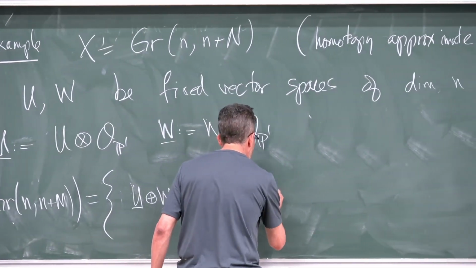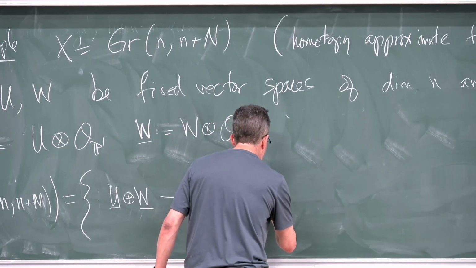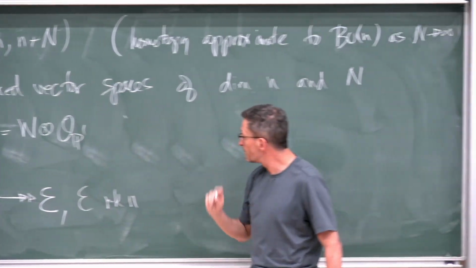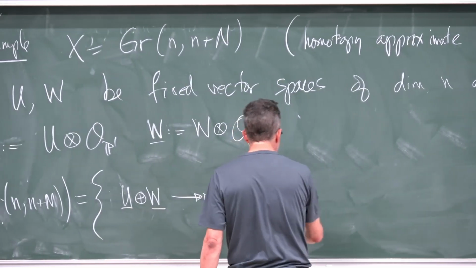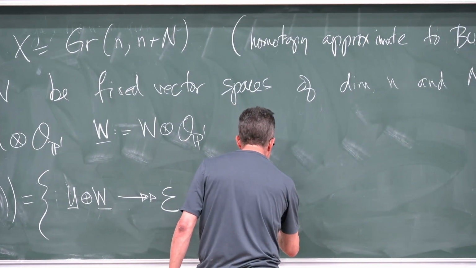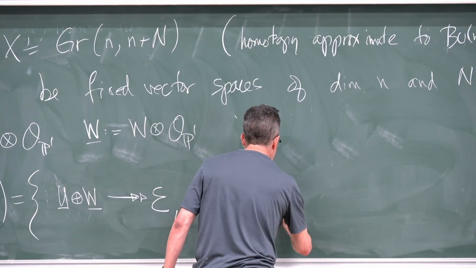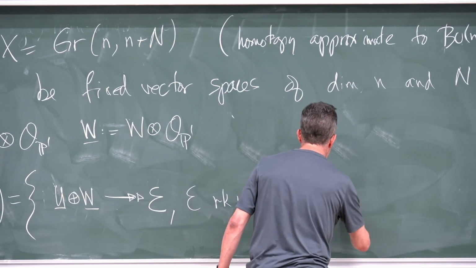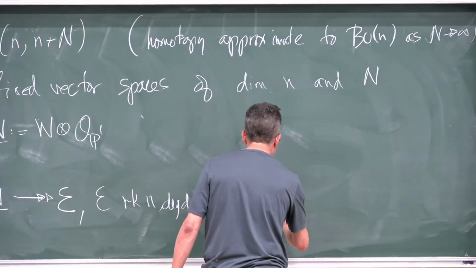So E is a rank n, and it turns out degree D, the D here is given by the degree of this E, degree D vector bundle on P1.